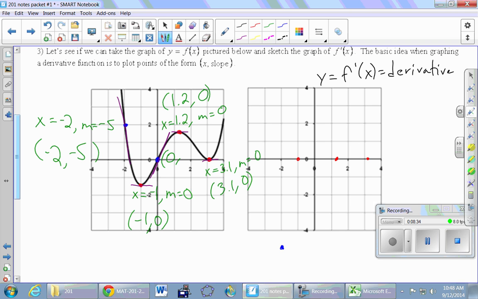Estimate for the slope, maybe 2. Something positive, not quite as big as the negative 6 we had before, right? It's not as steep. If you have a lot of time to count boxes, you can get a more accurate picture, but we're just ballparking here. So that means that, what's the point over on the graph of the derivative? 0, 2, right up there.